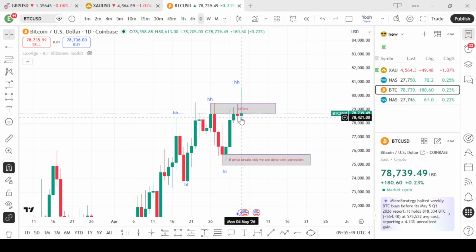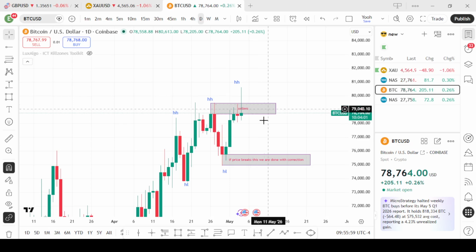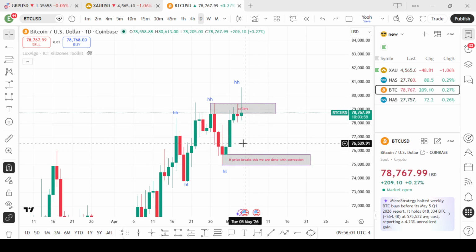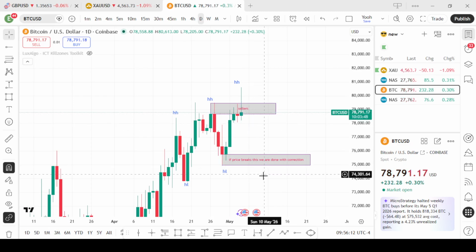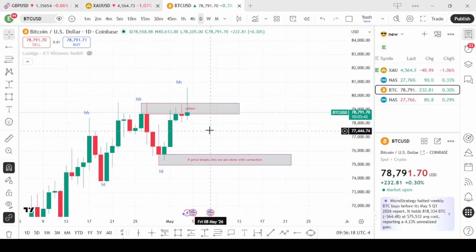Once we close above this, between these two, price can do anything. But once price gets above here, we know we are continuing with the correction. If price breaks down here, we know we are continuing with the trend.